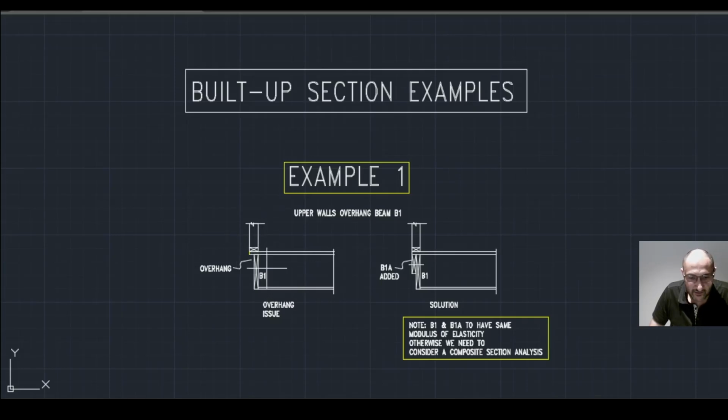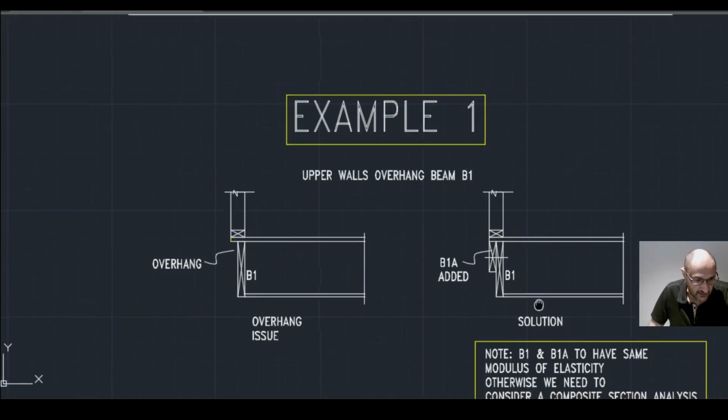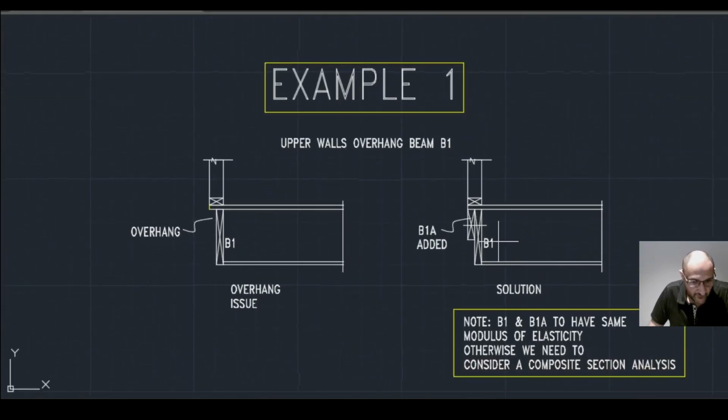And B1 here is supporting floor joists, upper wall, and most likely the roof loads as well. So to prevent eccentricity and instability, we need to add a plate or another beam to the outside to support that overhang. Now in this case, we have shown beam B1A fixed to that existing beam B1.